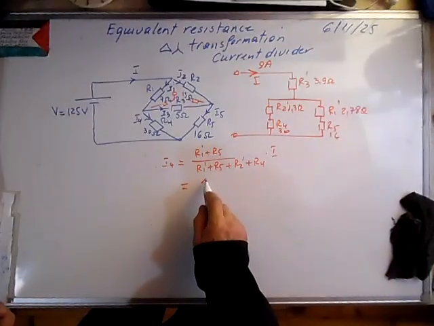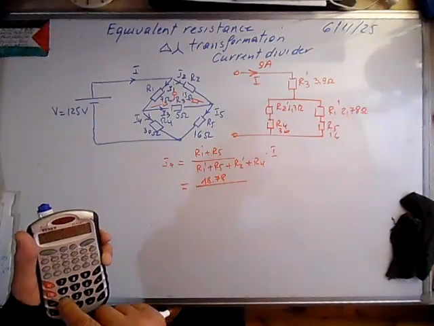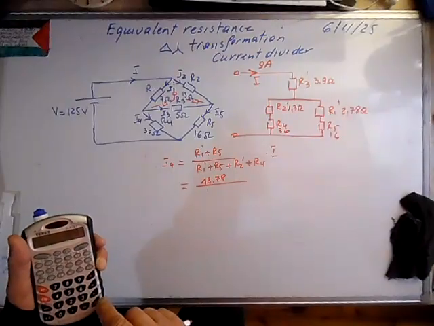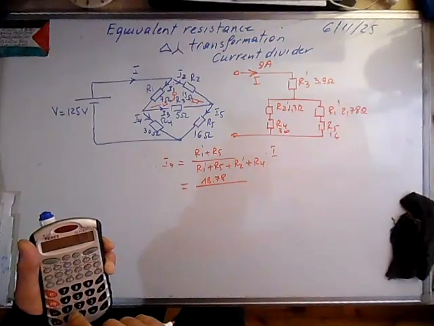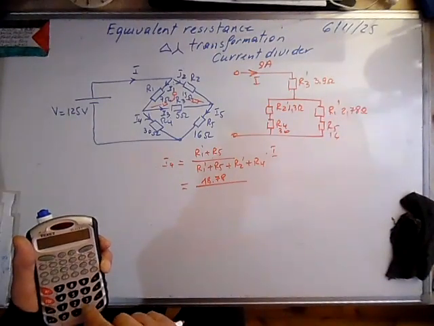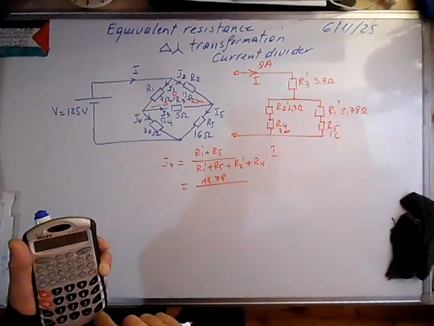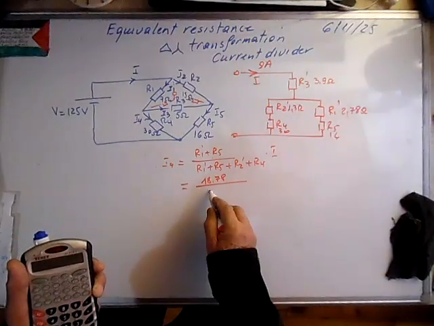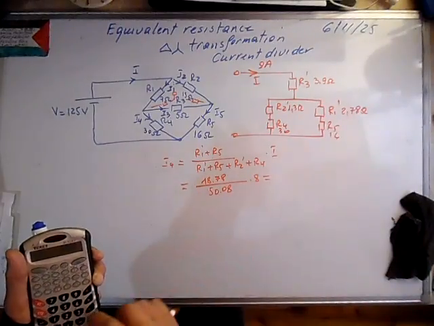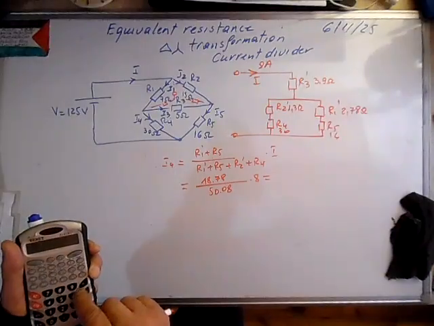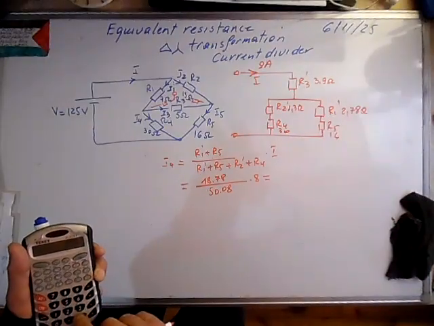Here you have 18.78 over 18.78 plus 1.3 plus 30, so this is 50.08, times 8, times 18.78.